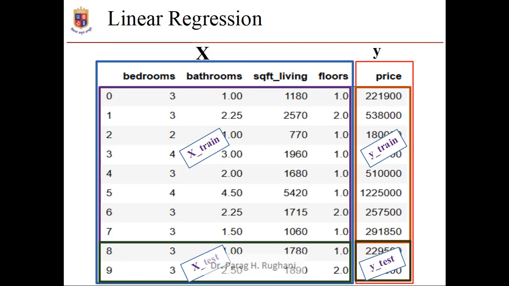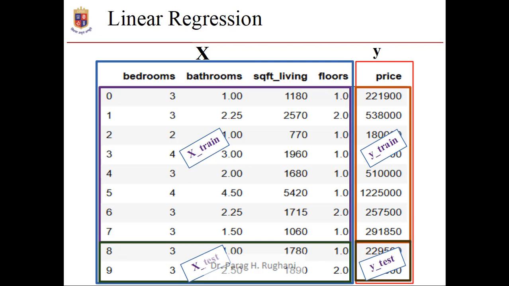Now the purpose behind dividing this data into X train, Y train and X test, Y test is that once I fit the model with the training data set, I will need to evaluate my model, whether the model is working properly or not, whether its accuracy is good or not. So what I have done is keep 80% of my data, which are the first 8 rows, in the training data set and the remaining 2 rows in the test data set.